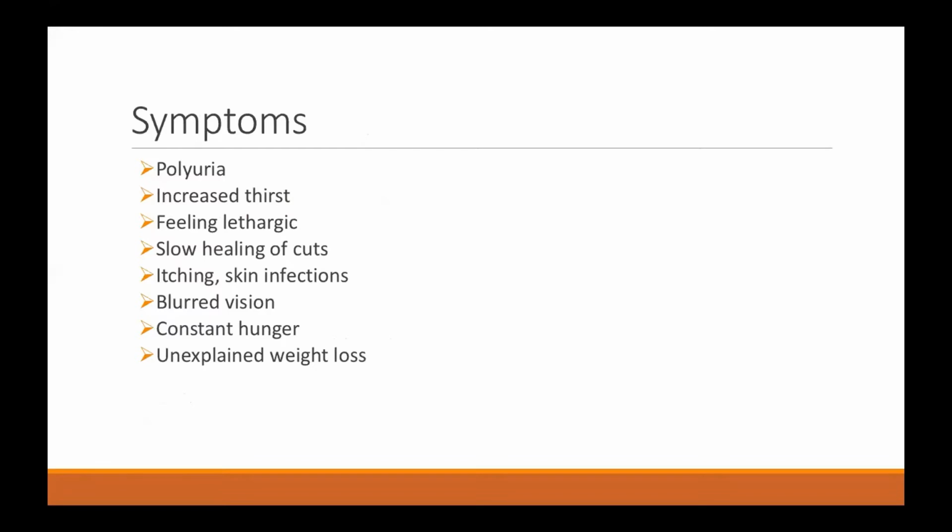So you've got polyuria, which is increased urination, particularly at night, increased thirst, feeling lethargic, slow healing of cuts, itching and skin infections, blurred vision, which arises from metabolic changes related to blood glucose levels, which alters the refractive index of the crystalline lens. And then you've got, obviously, constant hunger and unexplained weight loss.